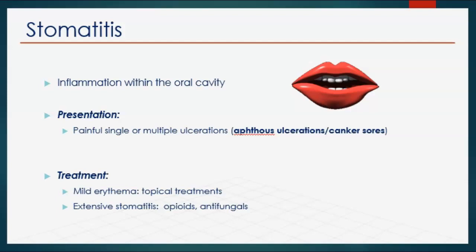We'll talk about antifungals a little bit later. So these sores can be very, very uncomfortable. So any interventions that we do for stomatitis are targeted toward promoting health and reducing the risk for infection by carefully doing oral hygiene and helping the patient select food that is comfortable to them.